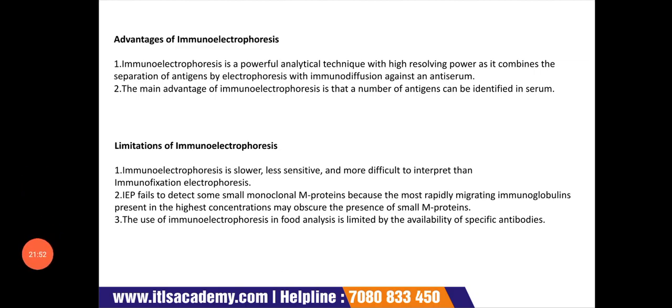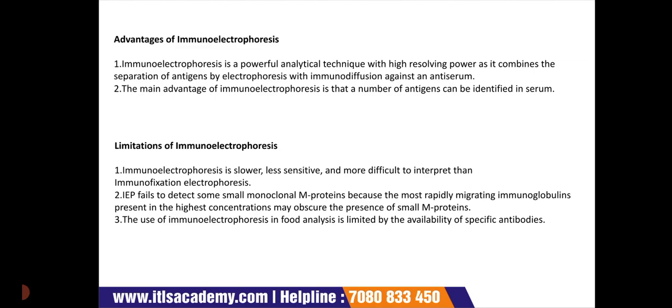Now coming to the disadvantages, or you may say the limitations, of immunoelectrophoresis. Immunoelectrophoresis is slower, less sensitive and more difficult to interpret than immunofixation electrophoresis. So this technique is a little bit slower, very less sensitive, and more difficult to interpret.